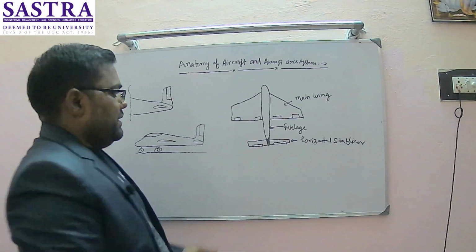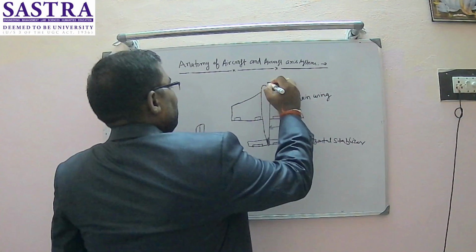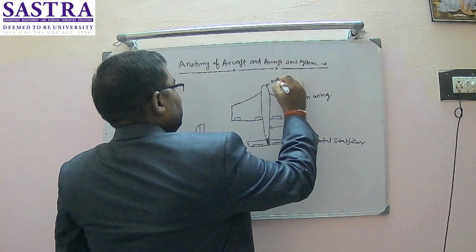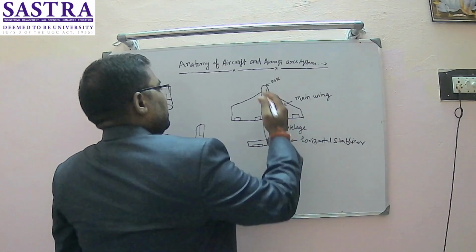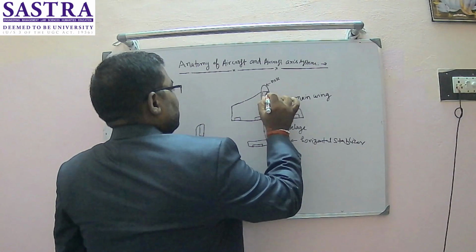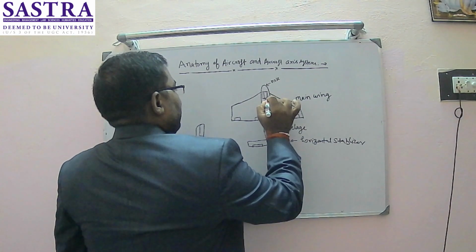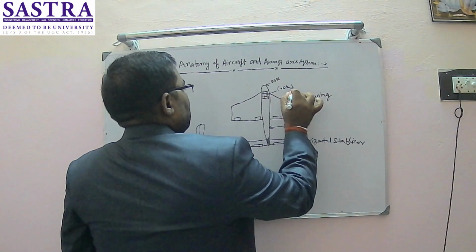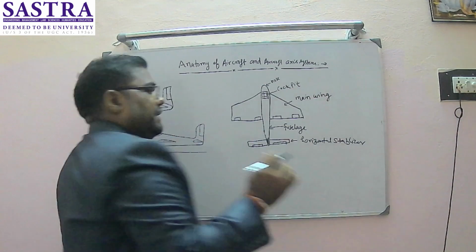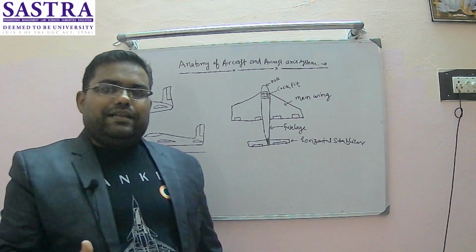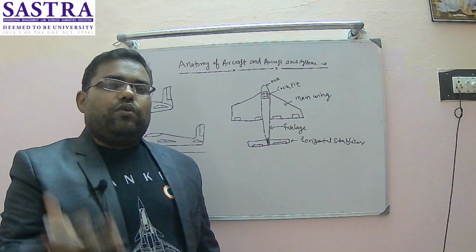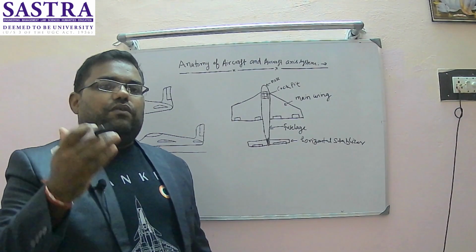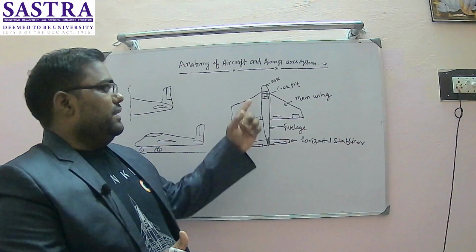Then if you look at the front, this is known as the nose of the aircraft, and just next to the nose you will find the cockpit. The cockpit is the area where the pilot is seated, and all the control panels are installed in the cockpit.